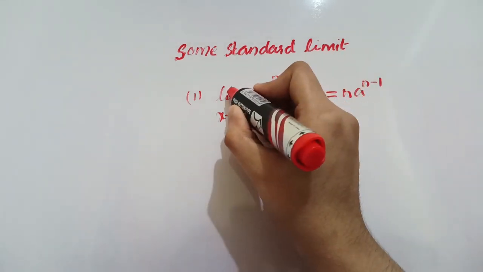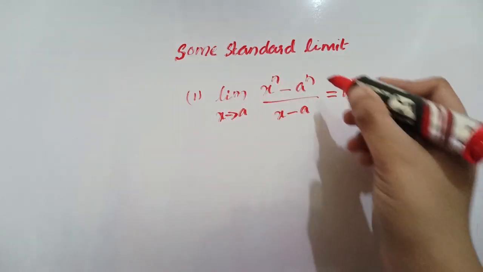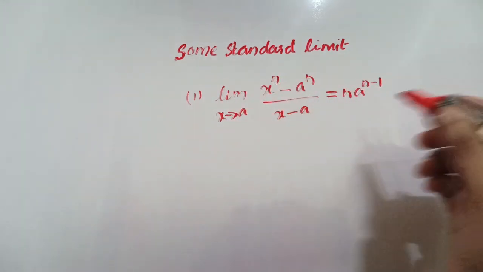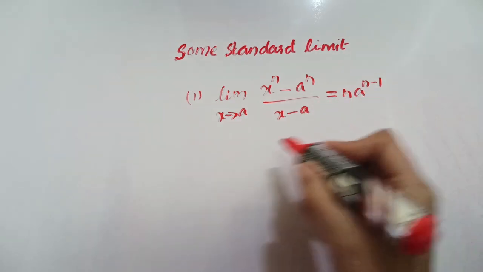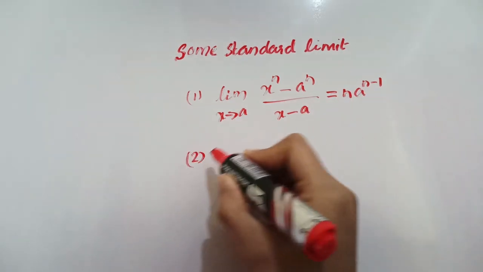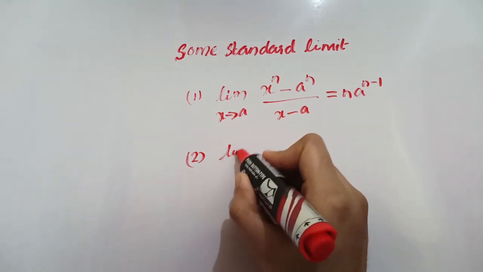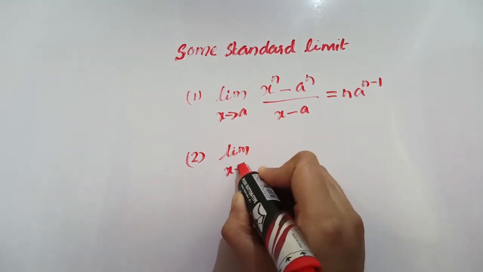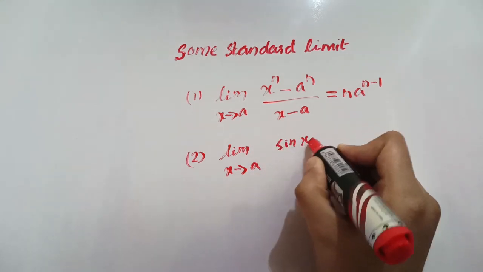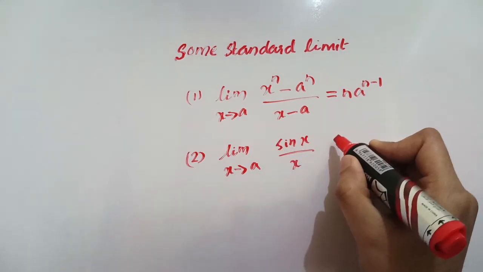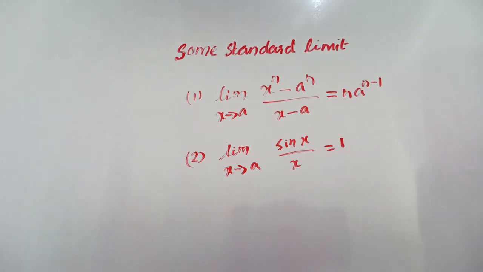That is, limit x tends to a, x raised to n minus a raised to n by x minus a is equal to n into a raised to n minus 1. Second one, limit x tends to 0, sin x by x is equal to 1.